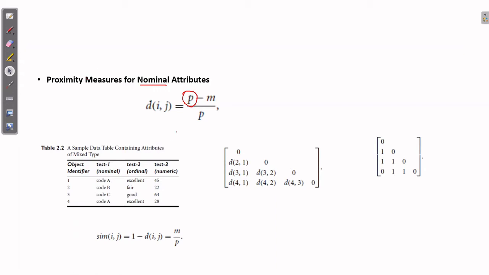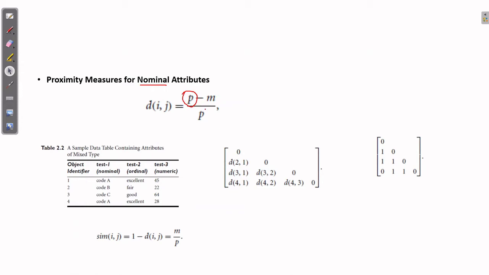Now, the distance measure between two objects xi and xj is equal to (p minus m) divided by p, where p is the total number of attributes used to represent the object, and m is the number of matching attributes. So with p total attributes and m matching, the distance can be calculated as (p minus m) by p.